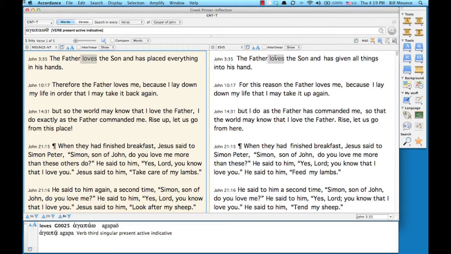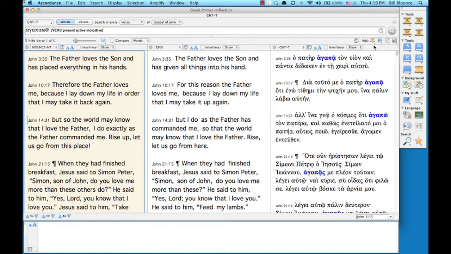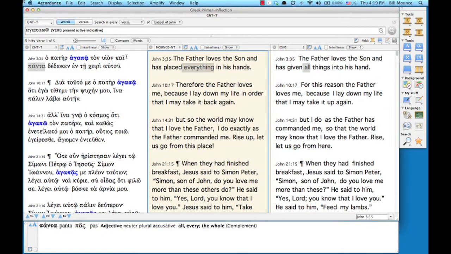But let's go back and reload the GNT. So you go over here, make it a parallel text. I'm going to move it over to the left where it was. I want to do another search, again, just to illustrate some more things about inflection. And these are all present tense forms of agapao.